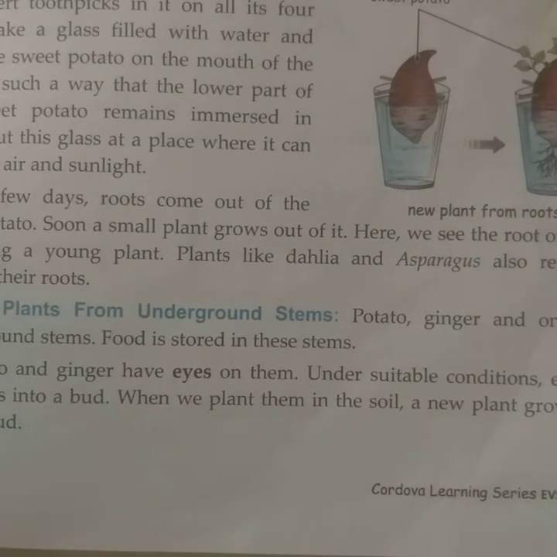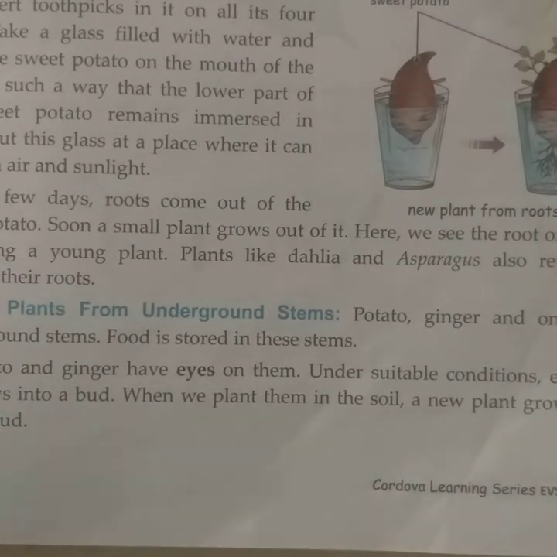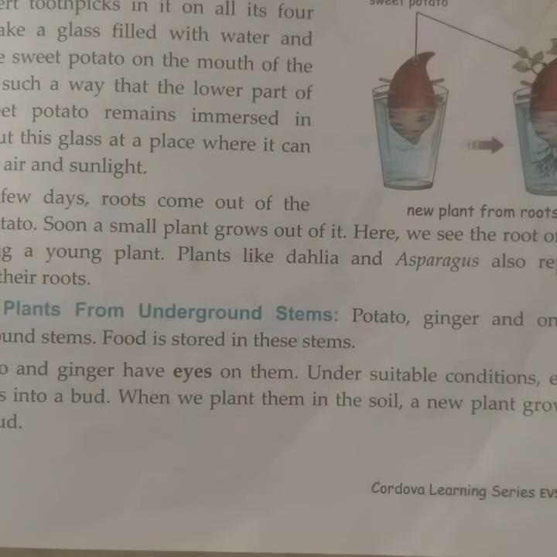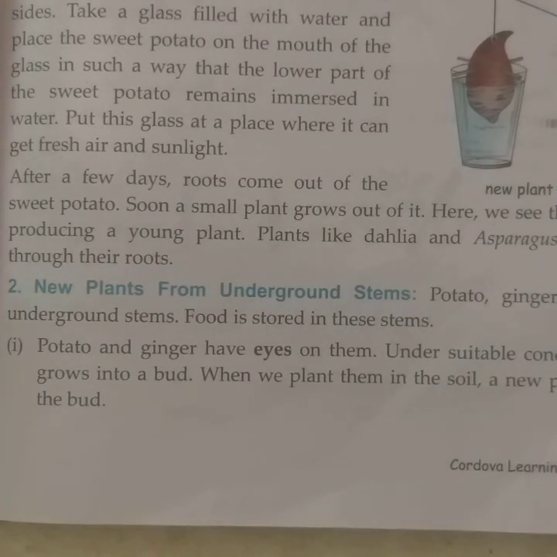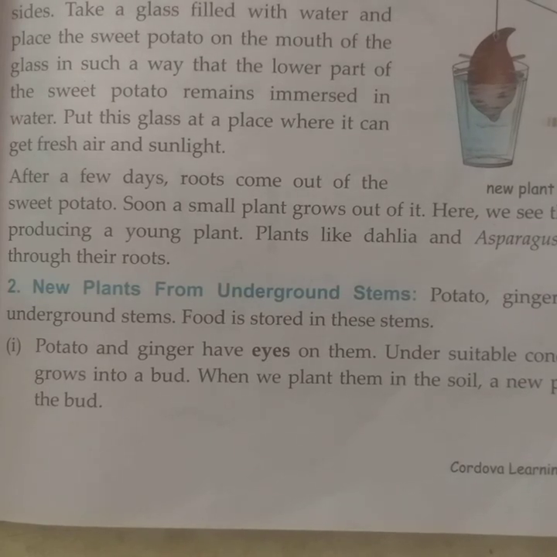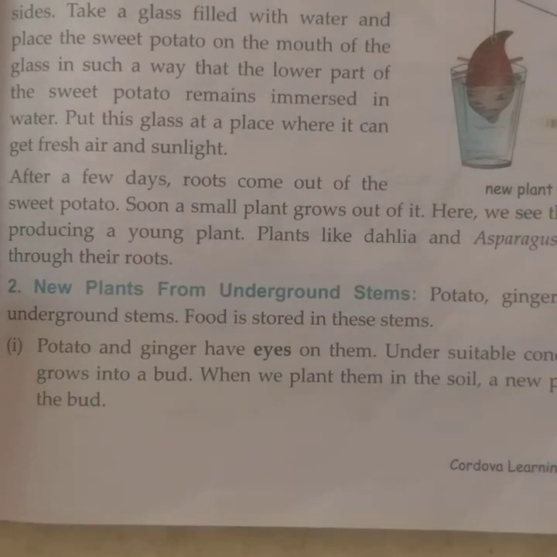If you have observed, look carefully, white colored nodes start appearing on the whole body of the potato. Those nodes are nothing but the eyes of potato and ginger. Even in the case of ginger, this happens. Those are called the eye of potato or the eye of ginger.